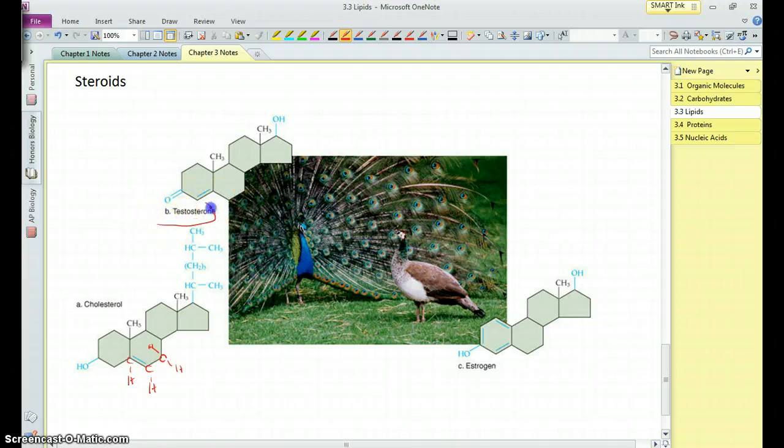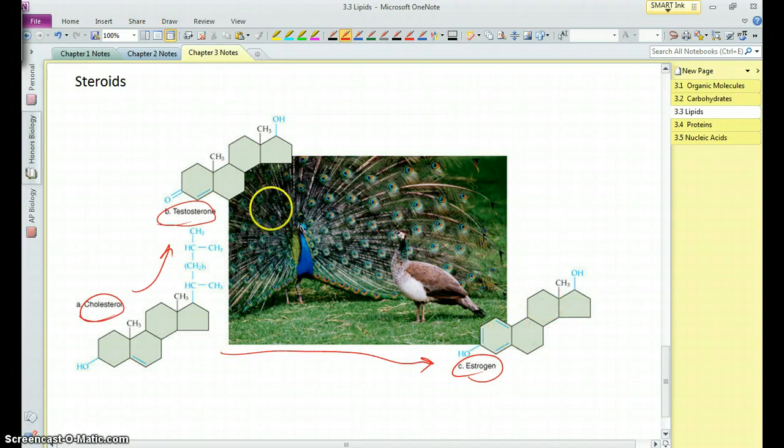For example, testosterone is a type of steroid, estrogen is one, and so is cholesterol. I'm sure you've heard of cholesterol. It's in foods we eat. These steroids are important because you can consume cholesterol and then it can be converted into either testosterone or estrogen.